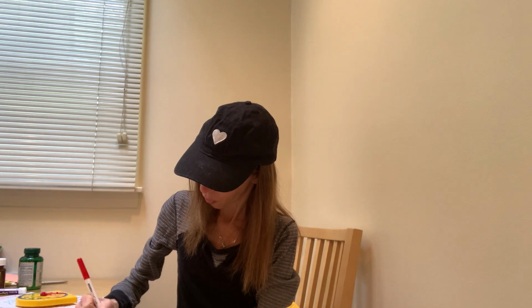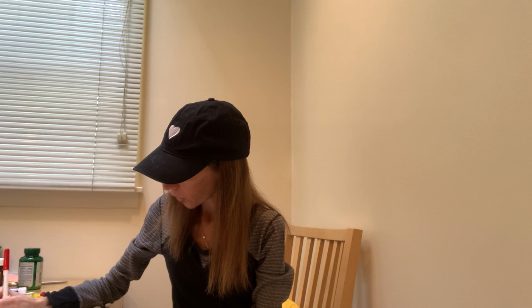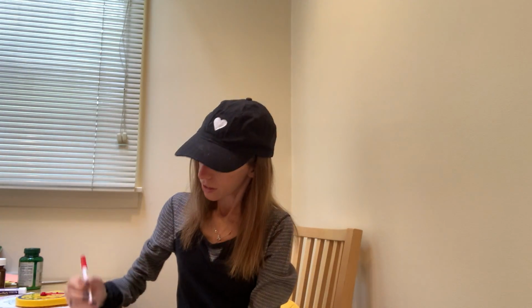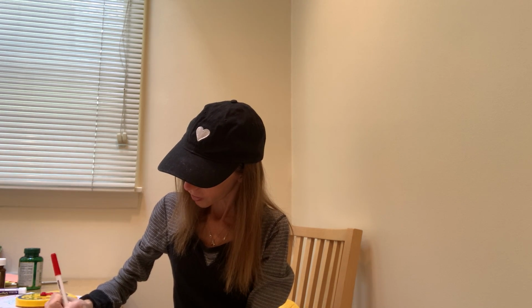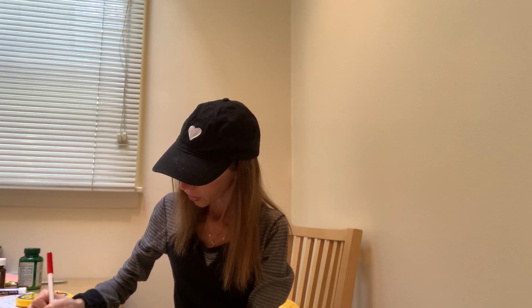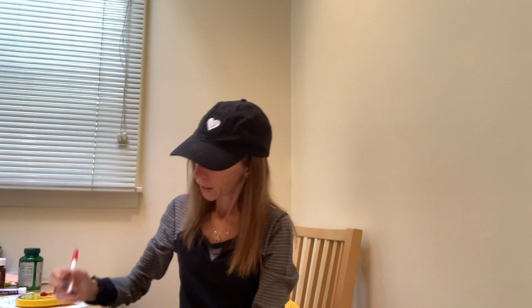Okay, now we can also draw our number line. We're going to start at 4:10, go to 4:35, and we're going to keep adding our 5s. Plus 5 brings us to 4:15, plus 5 brings us to 4:20. See, just like we did yesterday, but we're adding 5s.